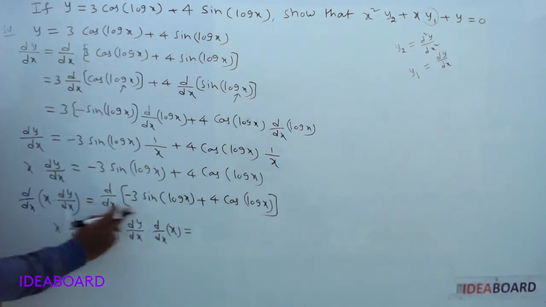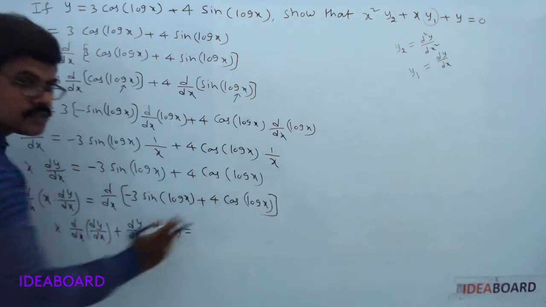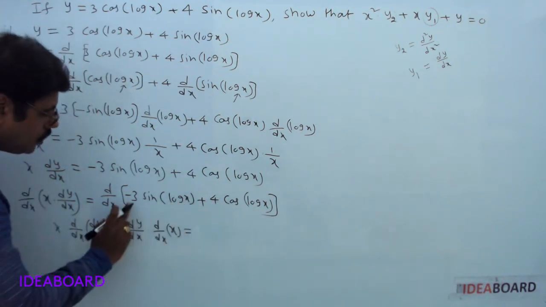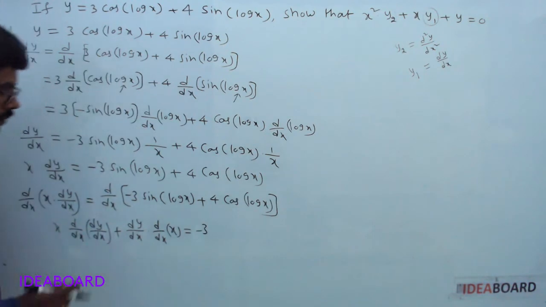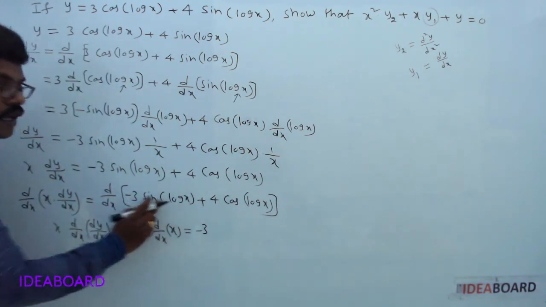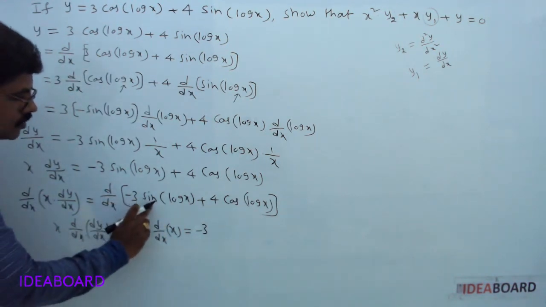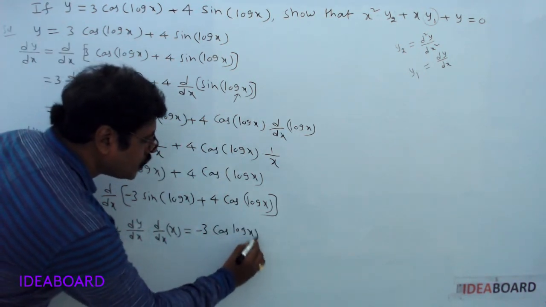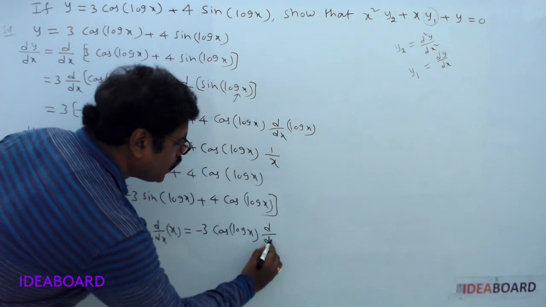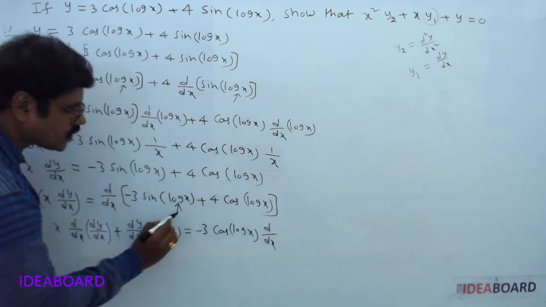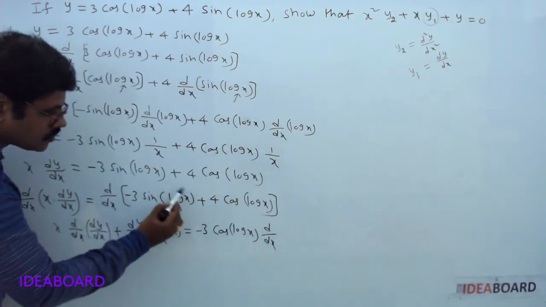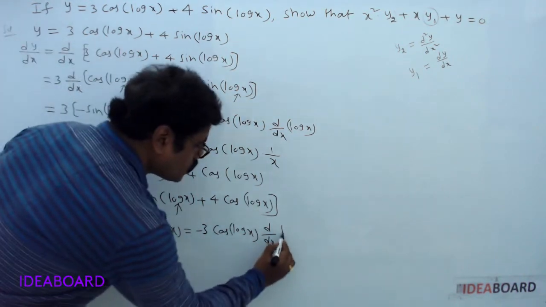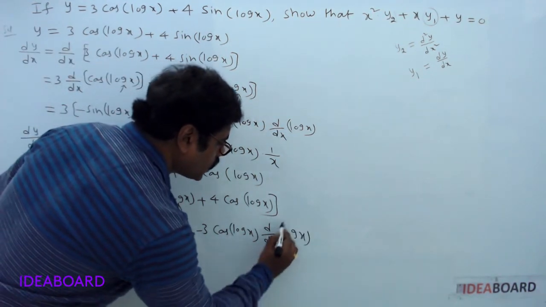Now this equals, derivative of sum of these two terms. Now it can be written as minus 3 into derivative of sine of log x. Derivative of sine of log x is cos of log x into derivative of the angle of the sine function. Here what is the angle of the sine function? Log x. So derivative of log x.